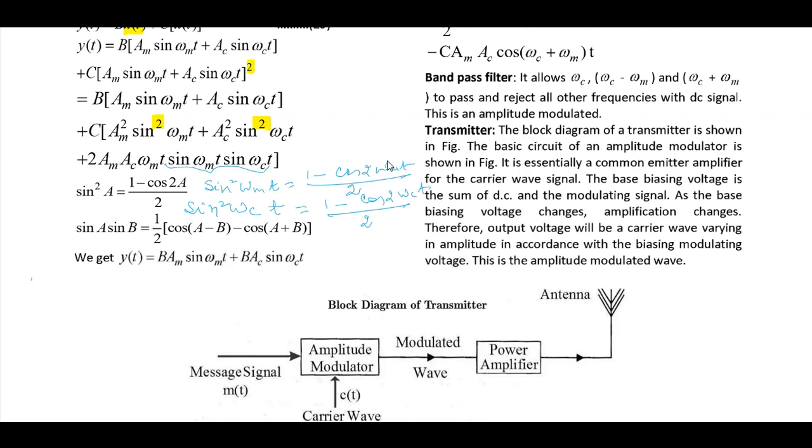So what I shall write here, 2 sin omega c t into sin omega m t, is equal to cos(omega c minus omega m)t minus cos(omega c plus omega m)t.